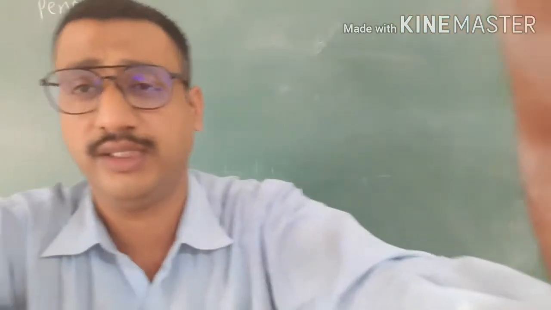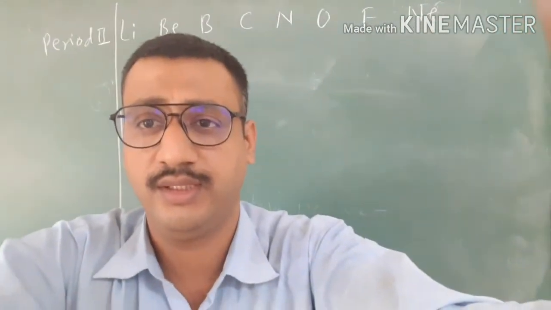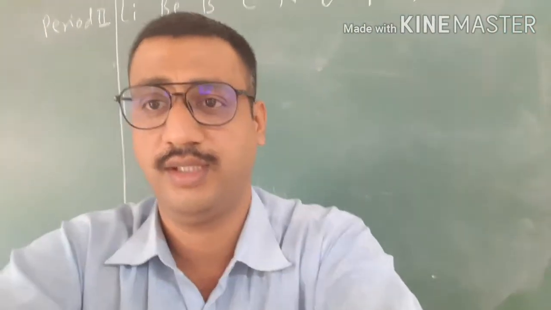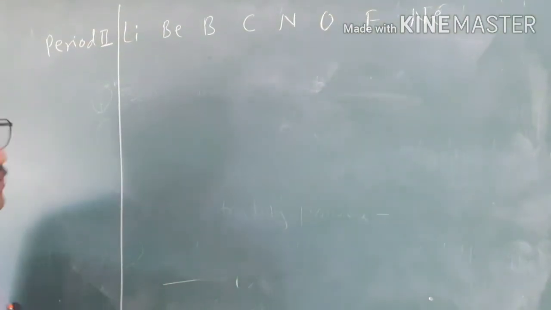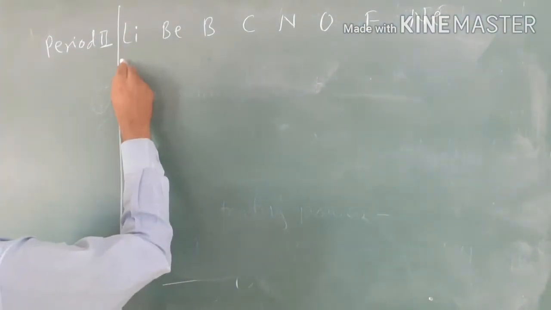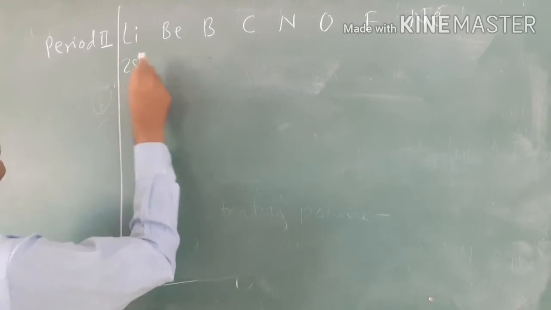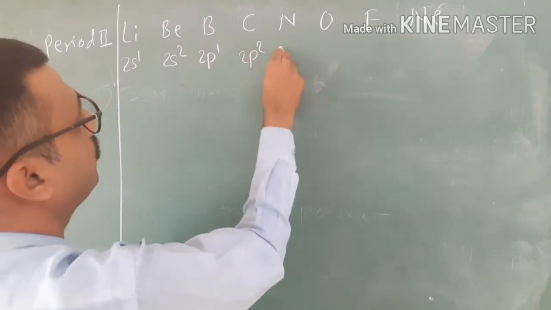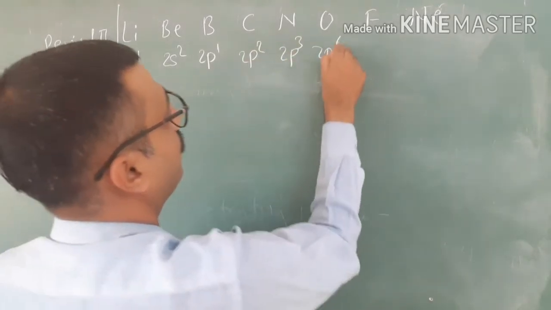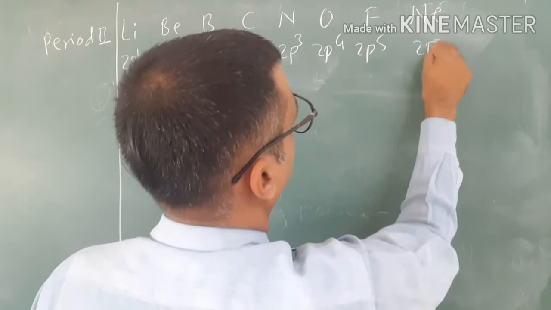Their outer shell electronic configurations are: lithium 2s1, beryllium 2s2, boron 2s2 2p1, then 2p2, 2p3, 2p4, 2p5 and 2p6.